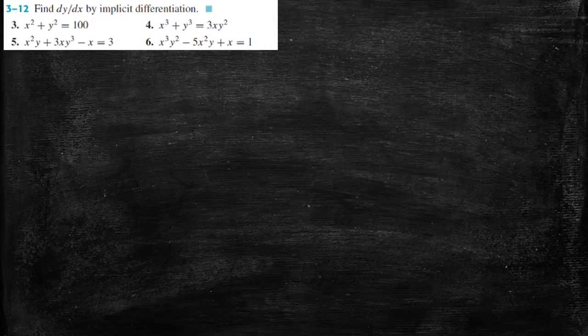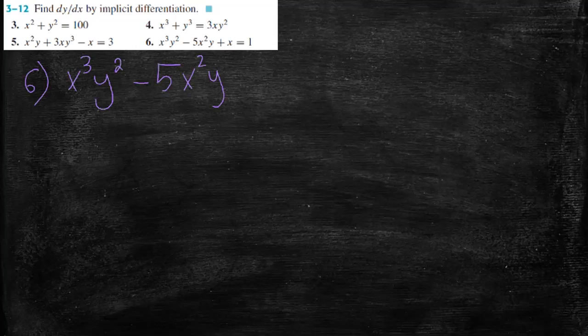Yes. Okay. So let's now do number 6 here. In number 6, we have x cubed y squared minus 5x squared y plus x equals 1. The derivative of x cubed is 3x squared. Here they are multiplied, so we have to use the product rule.